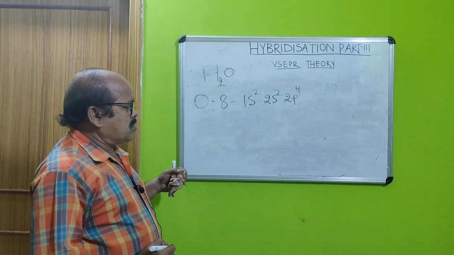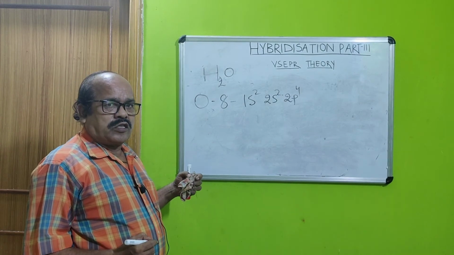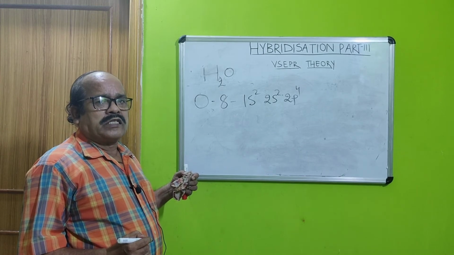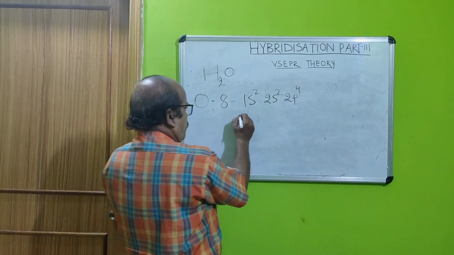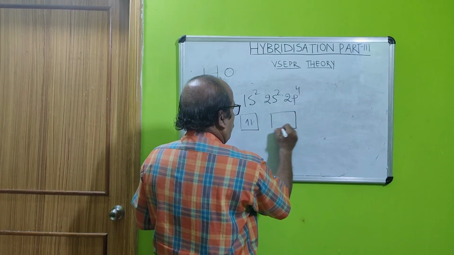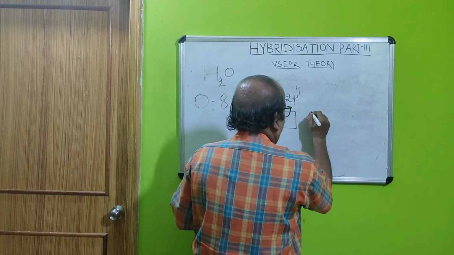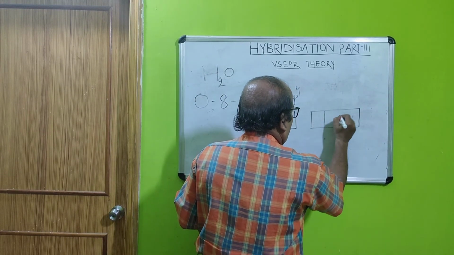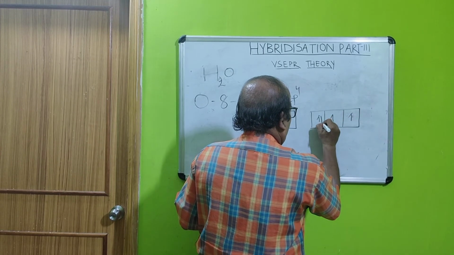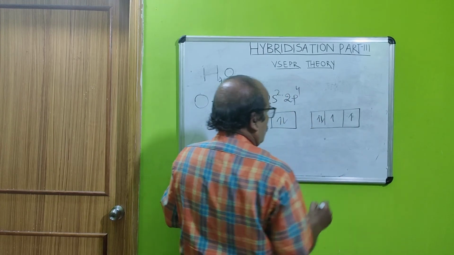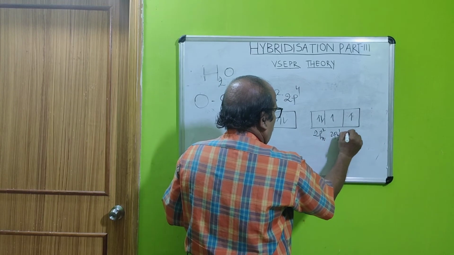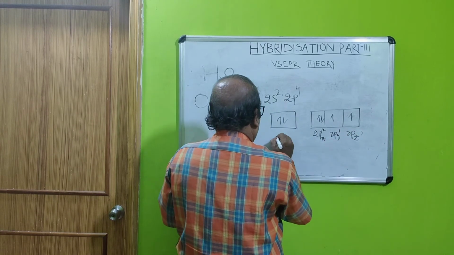Applying the same Hund's rule of maximum multiplicity, the arrangement of electrons both in the ground state and in the excited state is as follows. 1s2, 2s2, 2px2, 2py1, 2pz1.